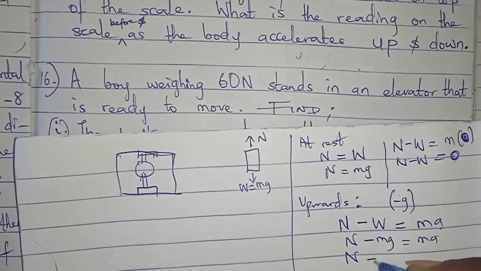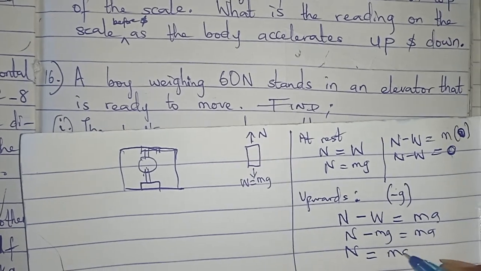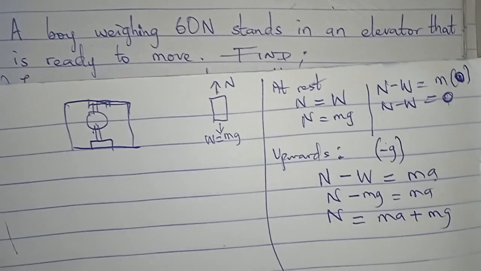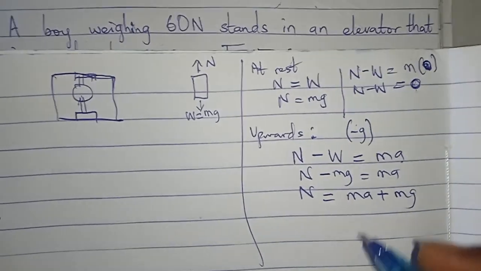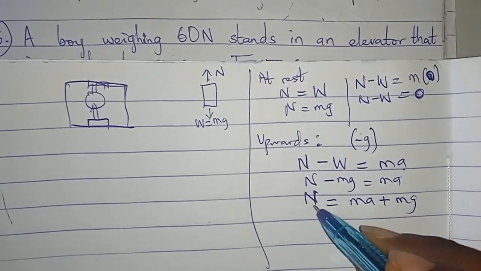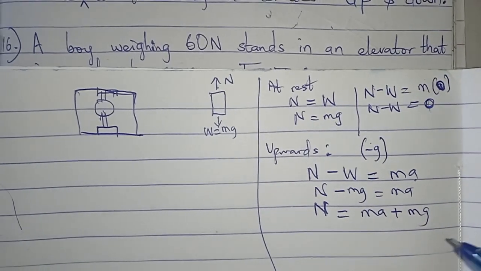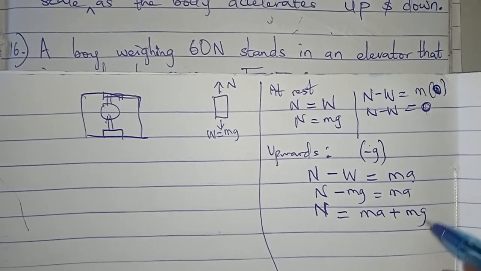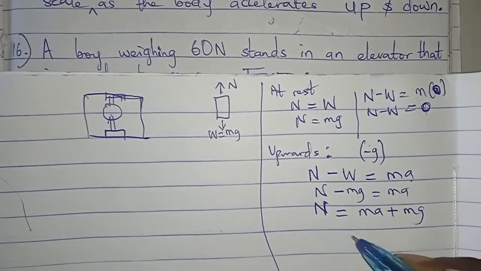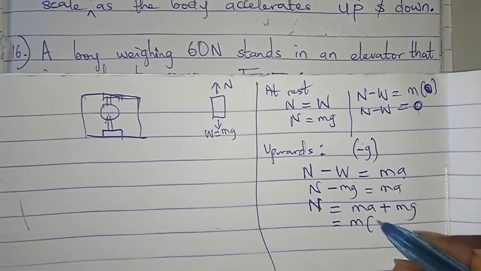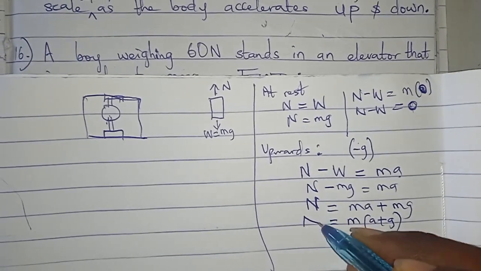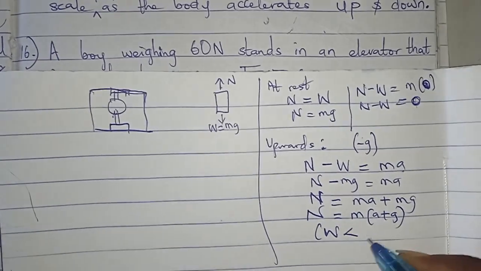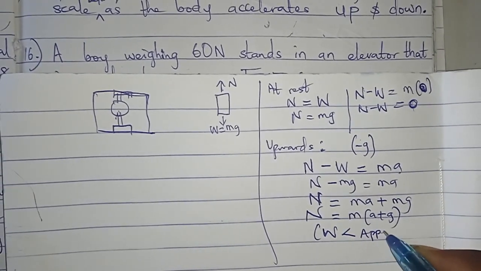This can be the same thing as saying N equals ma plus mg. That is when it crosses over. For a body to be able to go upward, it means that it was able to overcome gravity, even though it will still come down. So apparent weight is greater than weight here when it's going upwards. We can factor out to have N equals m(a plus g). So we can say weight is less than apparent weight, or less than mass here.